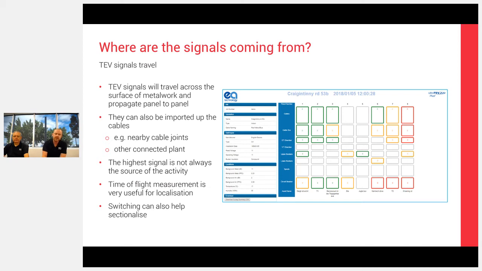Now these are all readings that have been taken on a switchboard. Just because we've got the highest readings on that last panel on the switchboard there, it doesn't necessarily mean that the defect is on the inside of those chambers there. That'll be getting fed by an HV cable. The problem could be at the far end of those cables, and the TEV signals could be getting imported from whatever's at the other end, or it could be getting imported from cable PD within the cable itself.